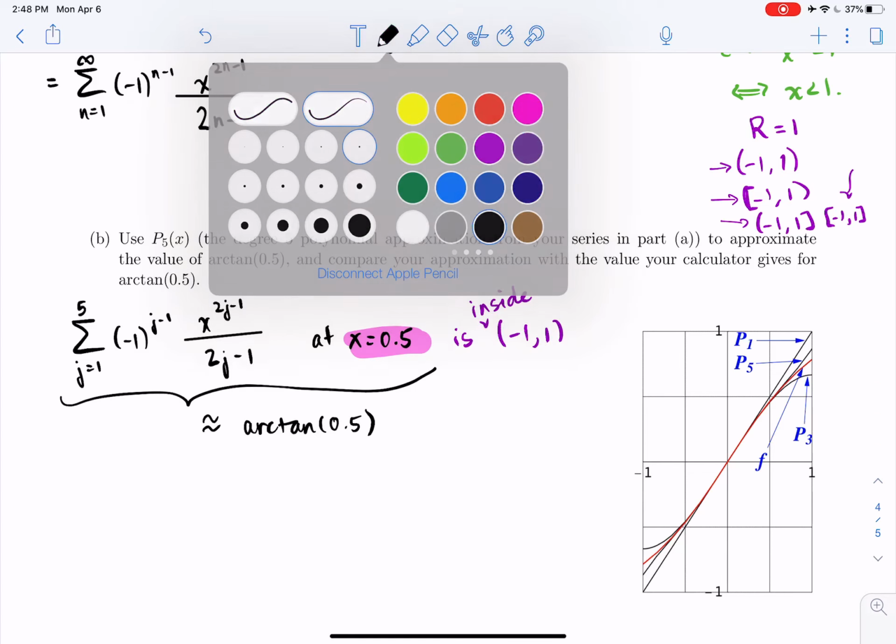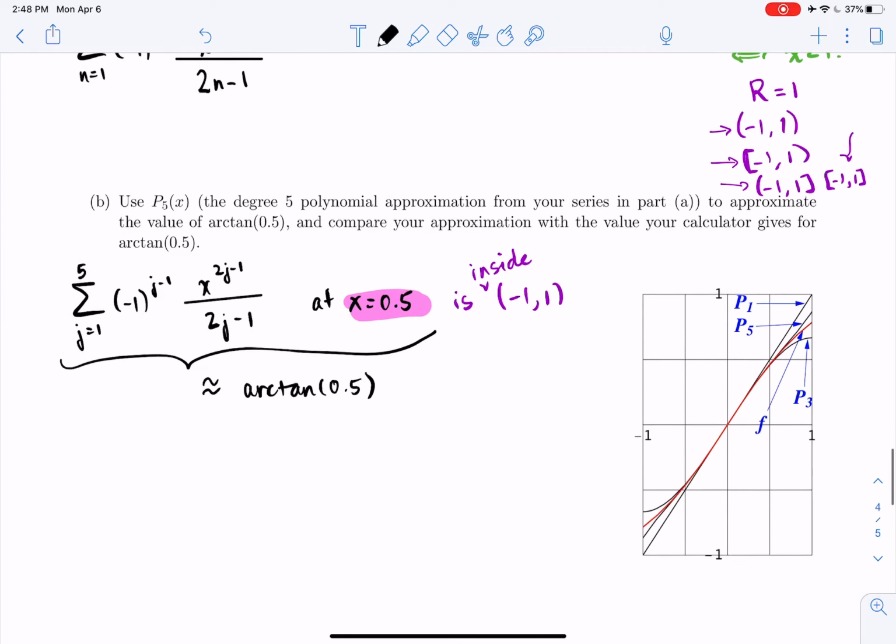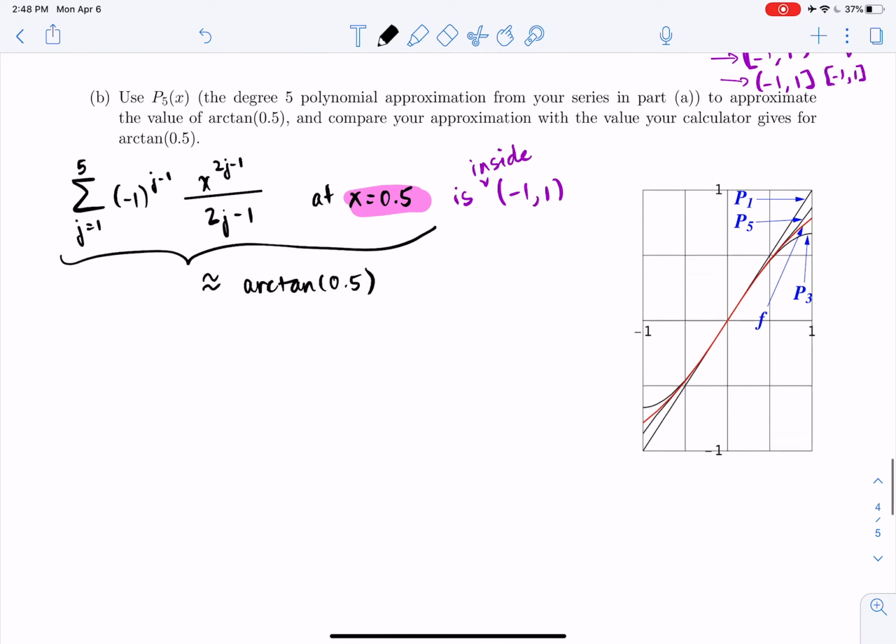Okie doke. So arctan of 0.5 can be approximated using this power series where we evaluate x at 0.5. I don't really want to write all these out, so I'll just tell you that this power series value comes out to be 0.46863.